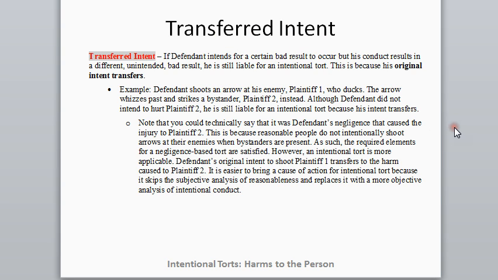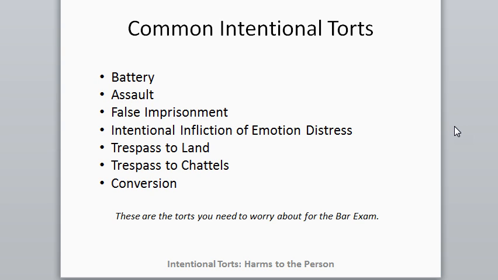Okay, so let's jump into the different intentional torts that you might see on the bar exam. Obviously there are others that exist, but I think that for your purposes and the limited memory capacity that we all have, these are really the ones that will likely be on the bar exam and that are worth taking the time to memorize.